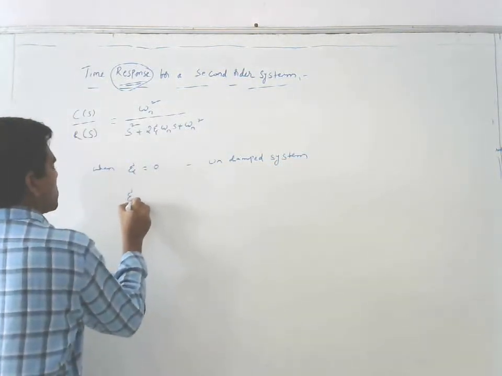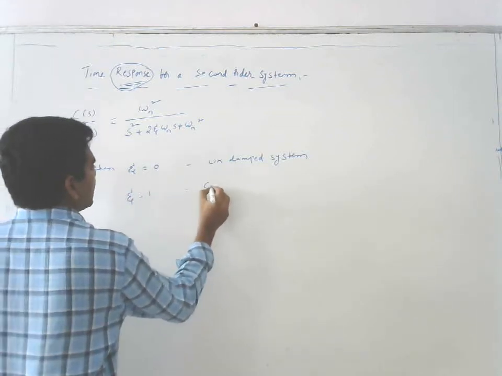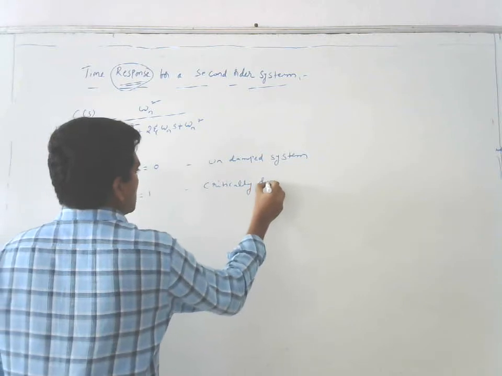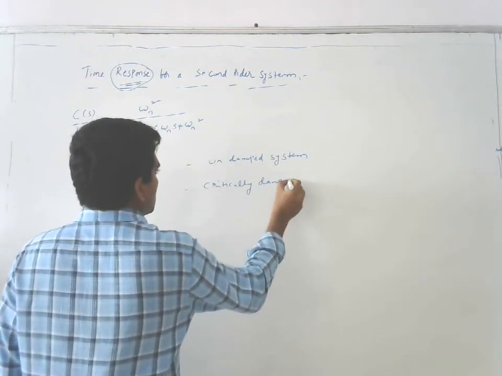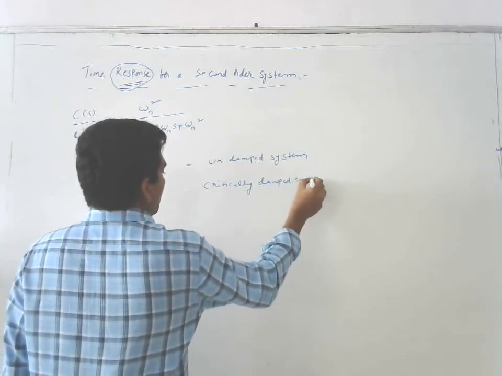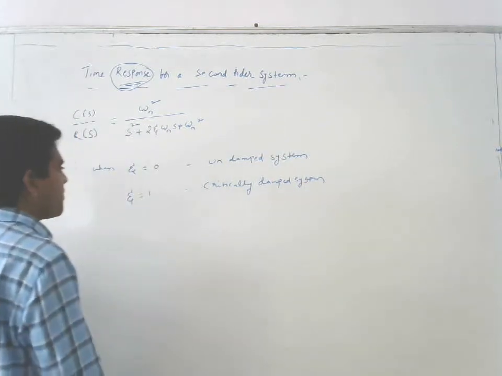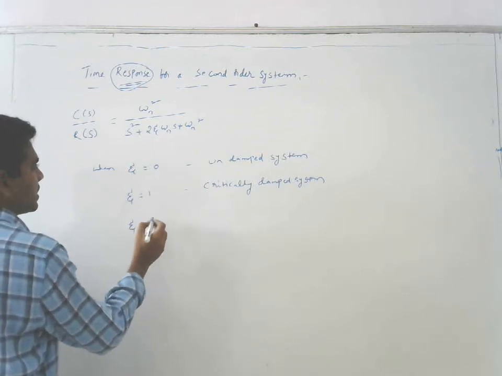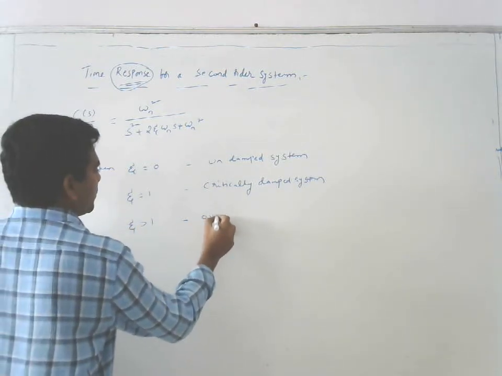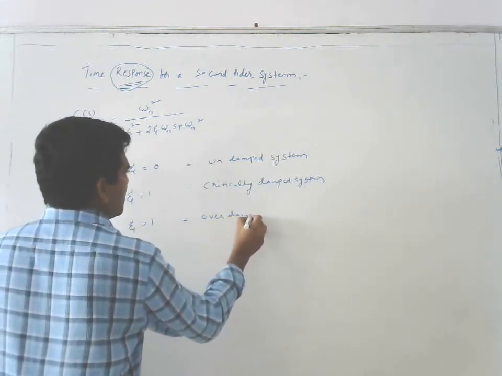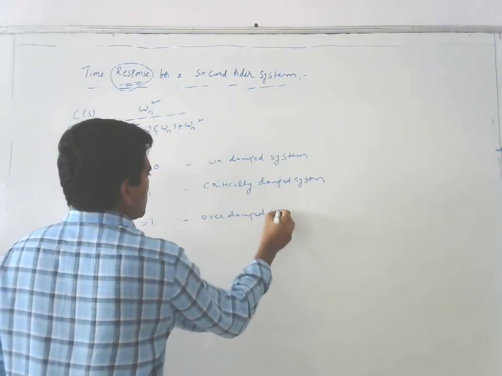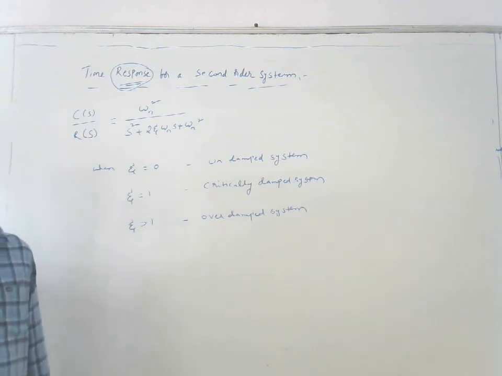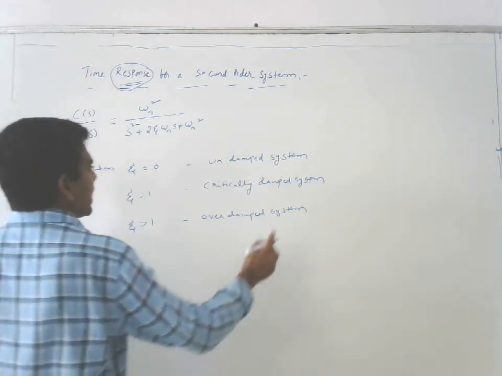When zeta equals 1, we call it a critically damped system. When zeta is greater than 1, it is an over damped system. When zeta equals 0, we call it undamped.